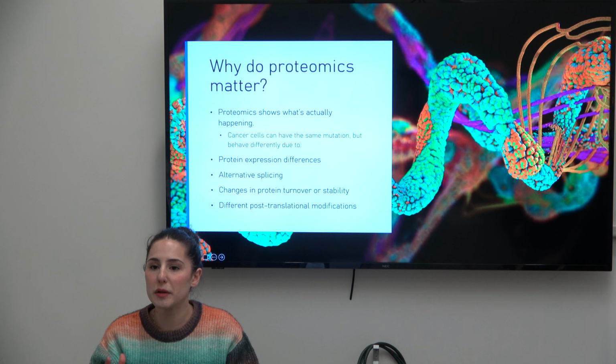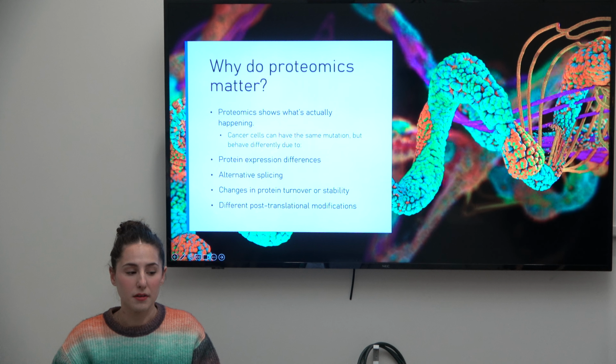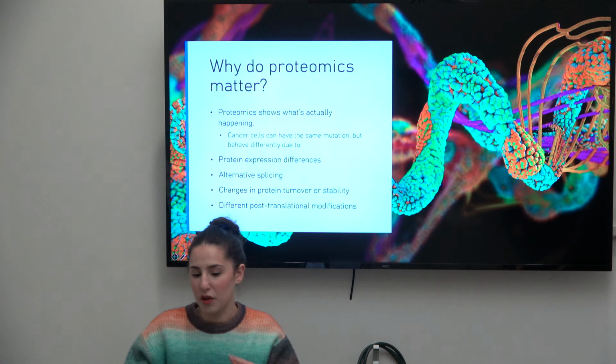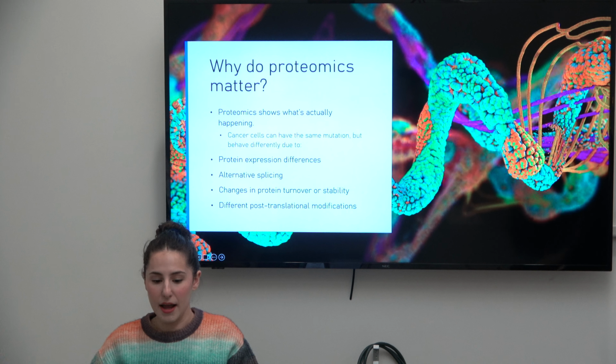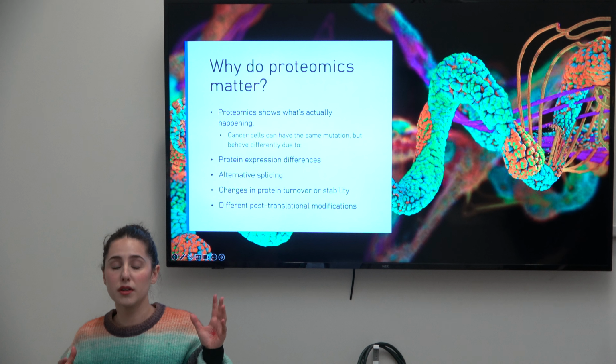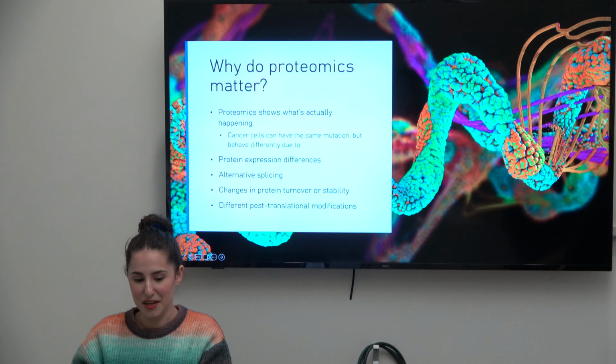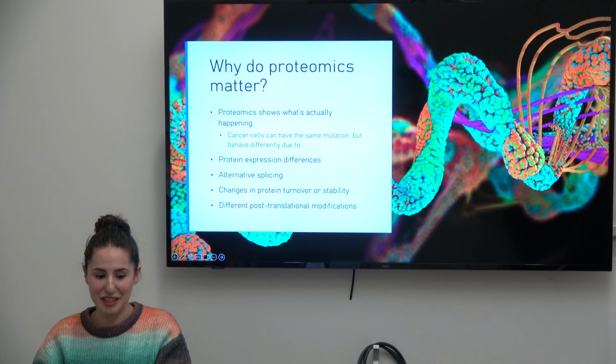However, the proteomic profiles can be very different. There could be a certain pathway that may be active while the other doesn't have an active pathway. And many therapies, just so you guys know, in cancer target proteins and not DNA. So this is why the expression and the modification and the interactions of proteins in cancer is very, very important.